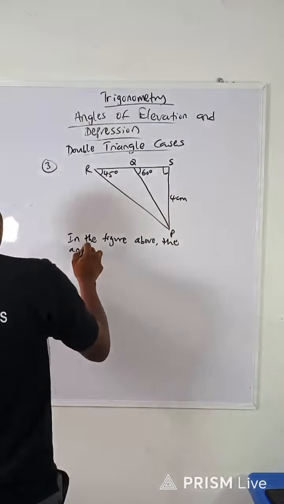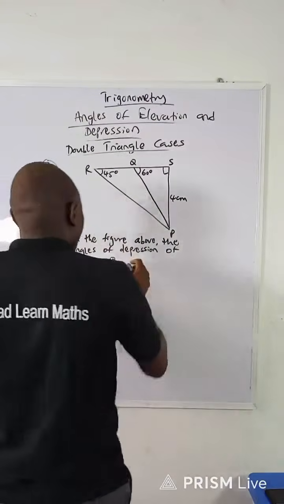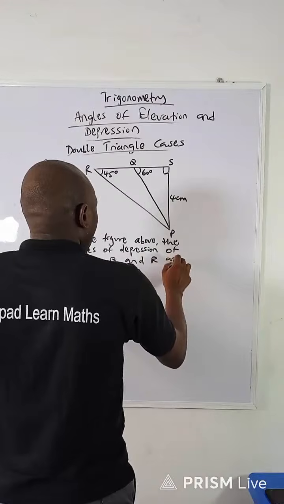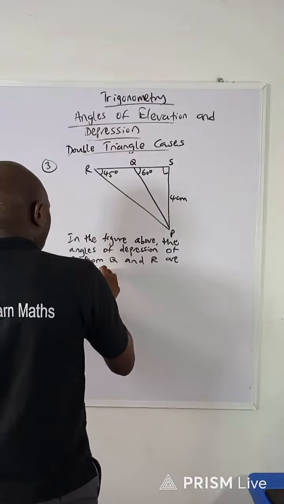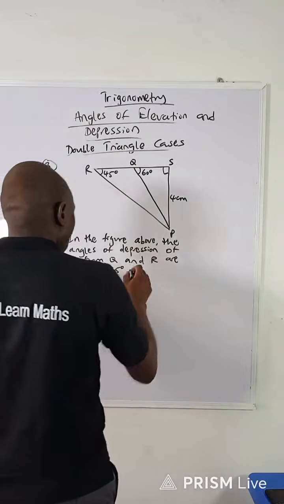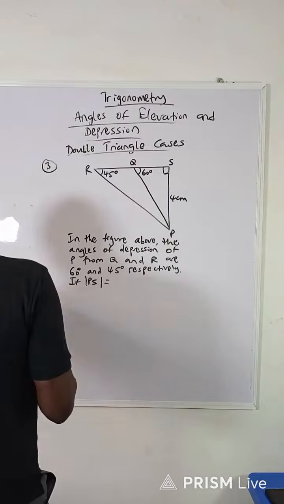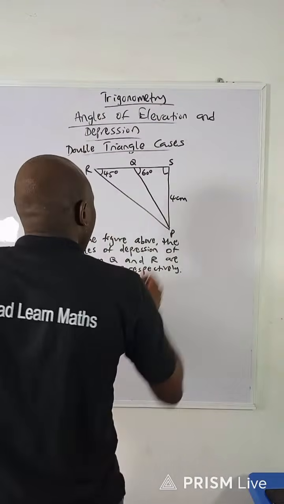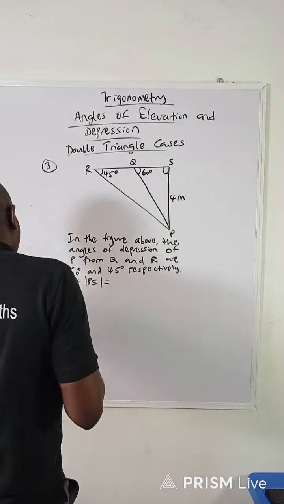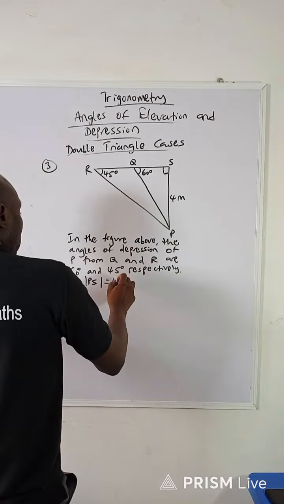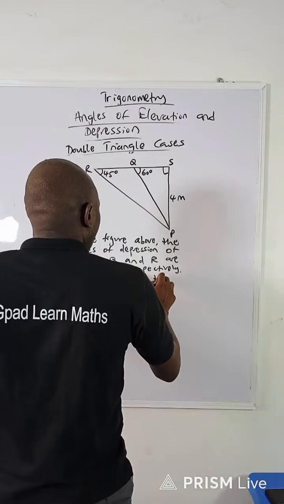The angles of depression from Q and R are 60 degrees and 45 degrees respectively. If PS is 4 meters, sorry, this is meters, that's a mistake on their part, find the length of RQ.